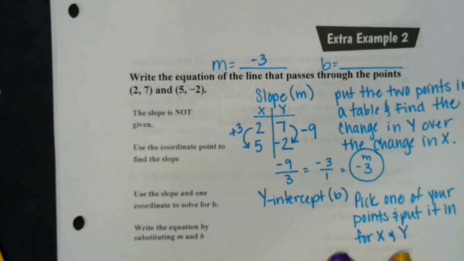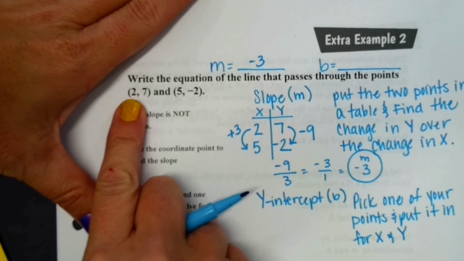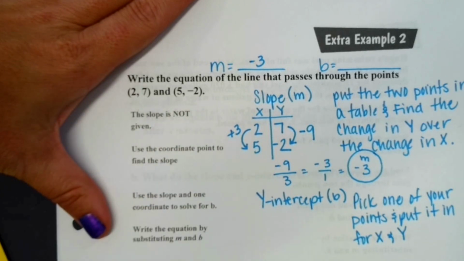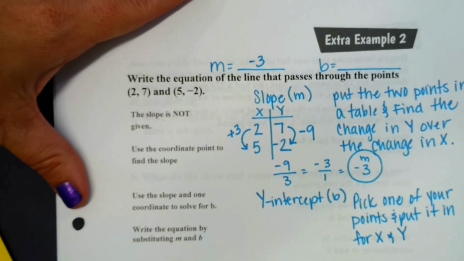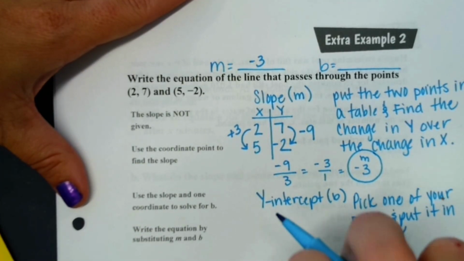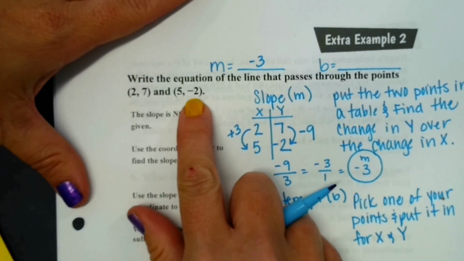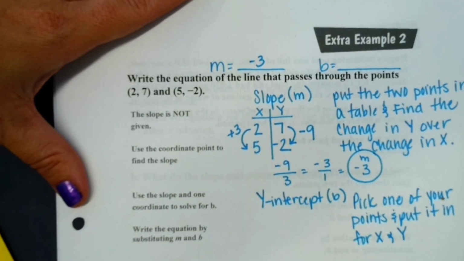Okay. So which point do you want to use? 2, 7, 5, -2. I would use 2, 7. Why is that your one you want to use? I know why it's the one I want to use. It doesn't have the negative. I hate working in negatives.